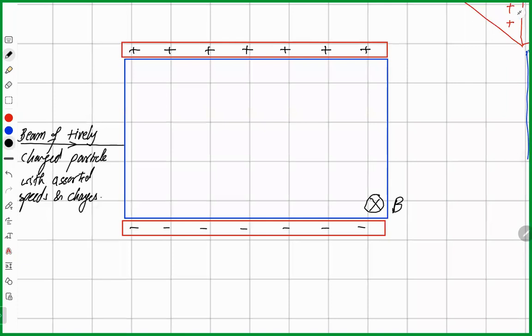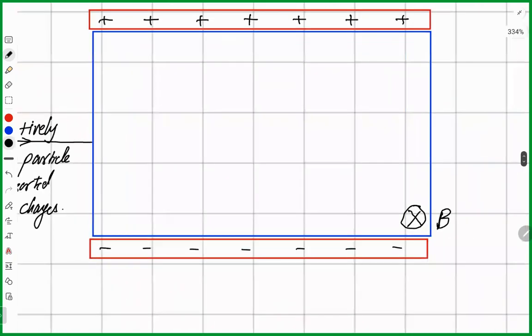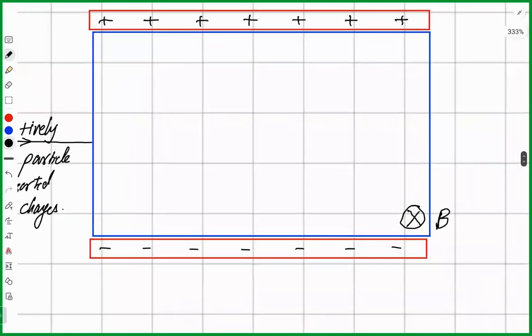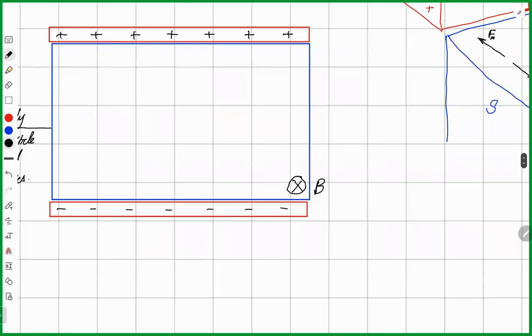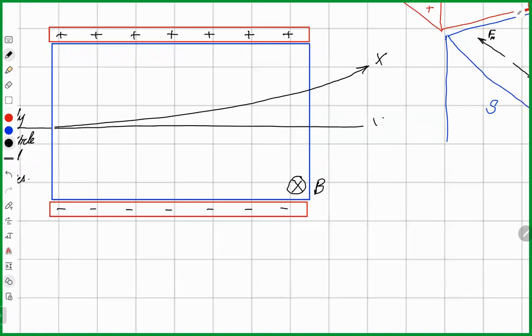They're all positive, but they have different amounts of charge. Now, some of the particles end up at position X. Some of the particles end up at position Y. And some particles end up at position Z.